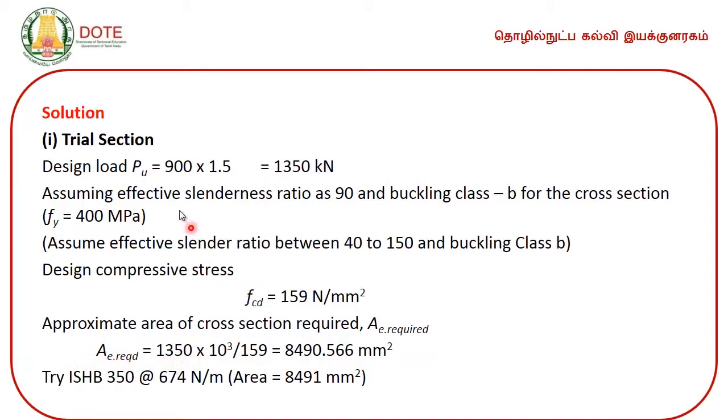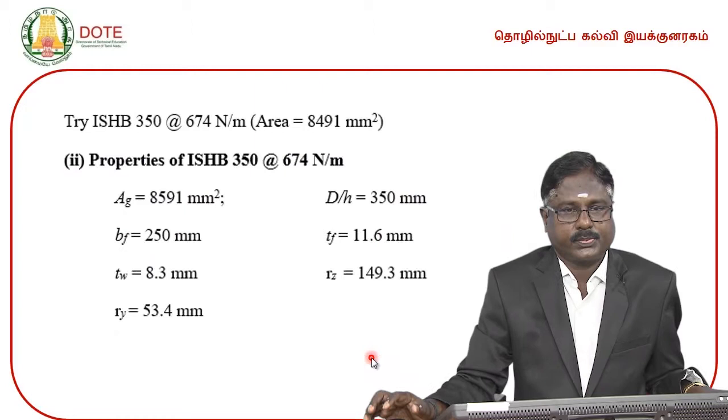I repeat, the trial section is to be selected based on the design load, and under the assumption of slenderness ratio and the buckling class pick the value of FCD. Based on this FCD value and the value of PU, find the approximate area which is required for the section, then select a suitable section which matches that area, and repeat the analysis procedure.